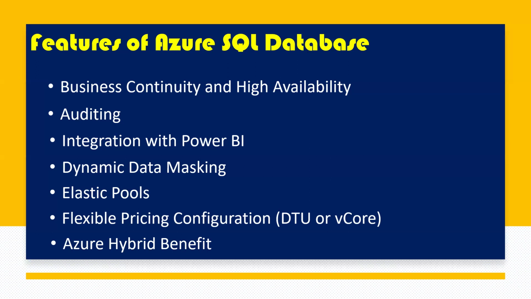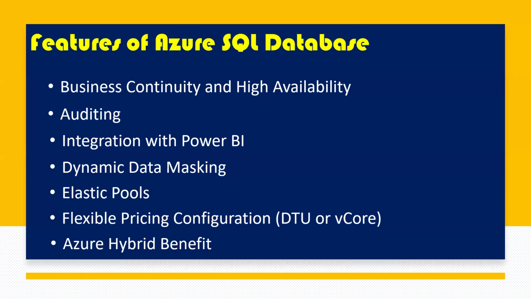DTU or vCore. DTU means data transfer unit. vCore means virtual core. The configuration you choose determines the billing, the charges. If you are using DTU, the charges will be somewhat lower compared with vCore. vCore we mostly use for the production environment.